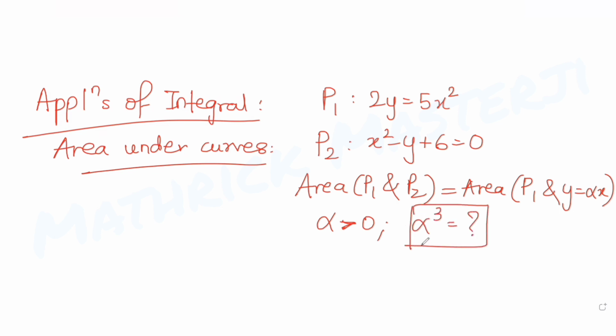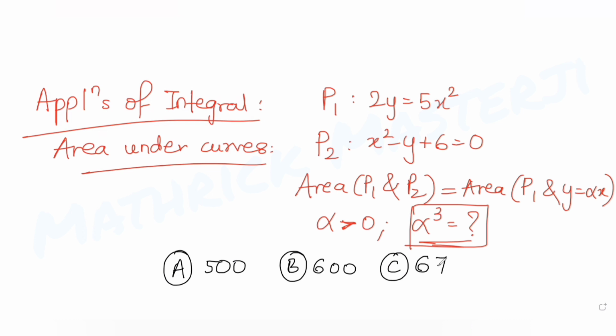The options are 500, 600, 673, and 800. So we need to figure out which answer choice is correct for the value of alpha cube. Let's figure it out.